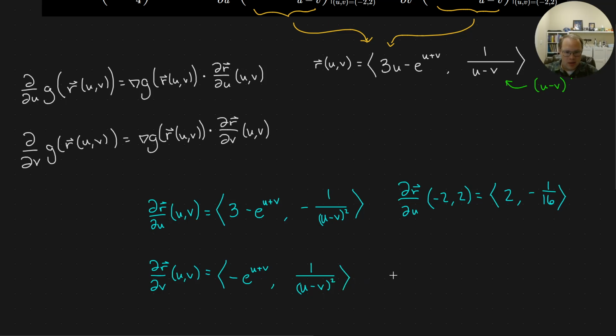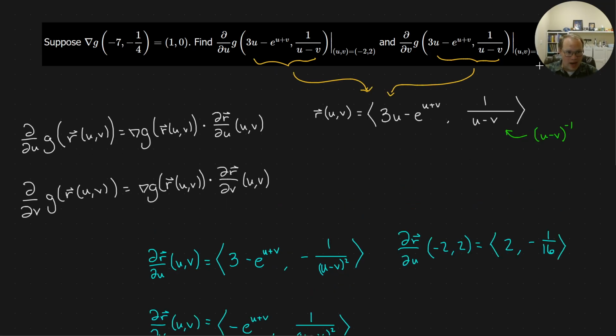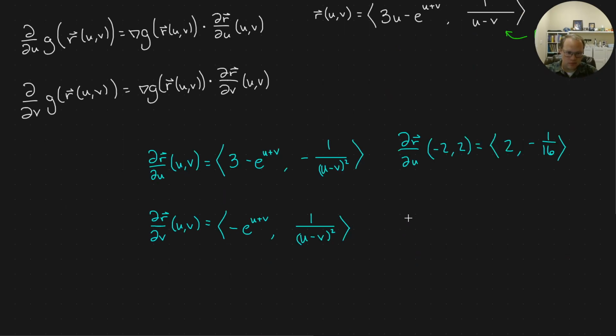Okay? Now what I want is to know how these will evaluate at the particular value uv equals negative 2, 2. So plug in. If I plug in here, negative 2 plus 2 is 0. e to the 0 is 1, so I'm going to get negative 1 for that first component.